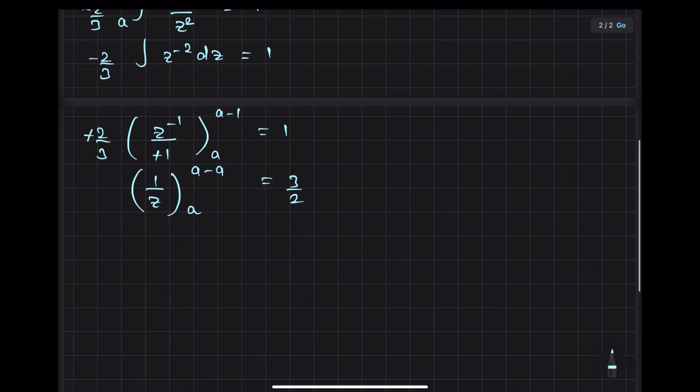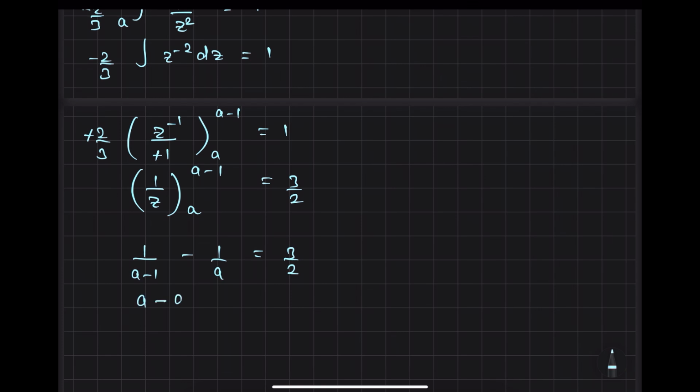You have to do this calculation. It is 1 by a minus 1. Okay, now put the upper limit, so 1 by (a minus 1) minus 1 by a, putting the lower limit, equals 3 by 2. Now let's do the LCM as well as cross multiplication, everything together.